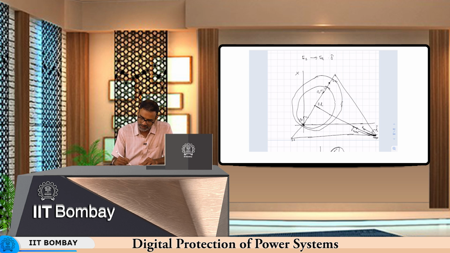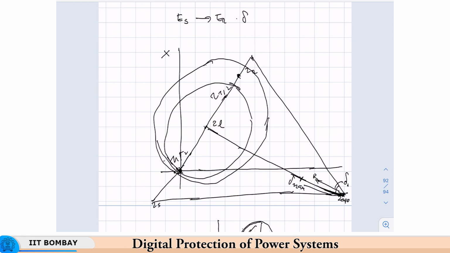It need not necessarily be within ZR, but let us assume that in this case, and this is zone 3. Now, as long as this swing trajectory of delta stays outside of this zone 3, this is Z1, Z2 and Z3, there is no issue at all.